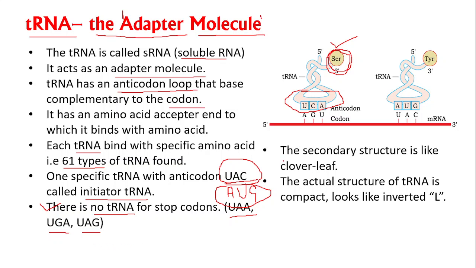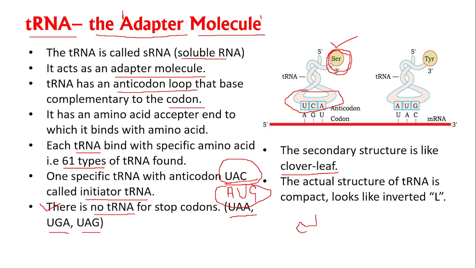And next point, the secondary structure of the tRNA will be clover leaf like. That is why you can call this particular tRNA structure the clover leaf model. Here, clover leaf model of tRNA, I'll just draw it simply here.